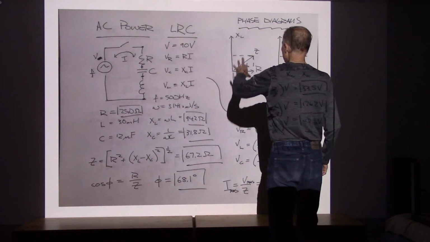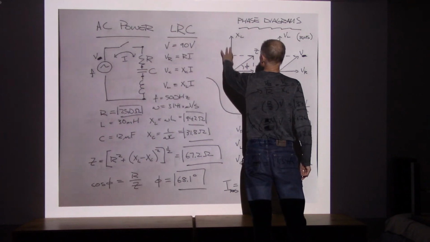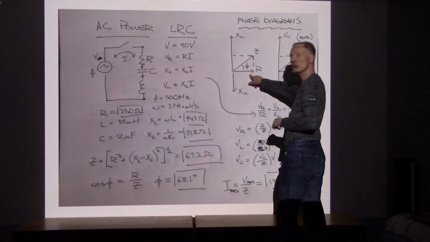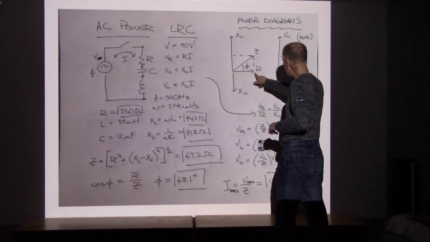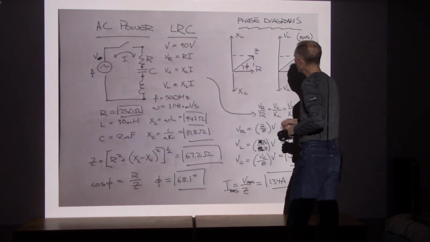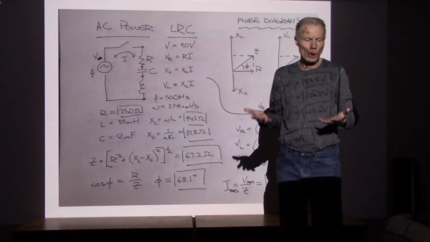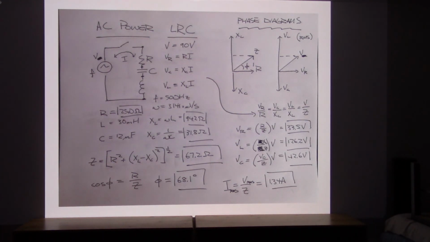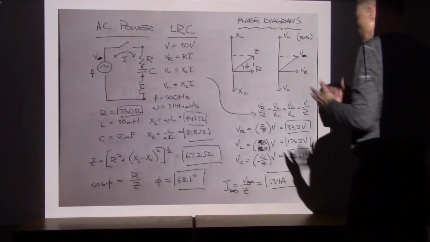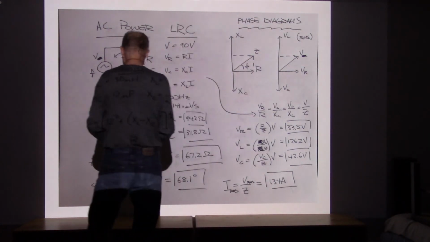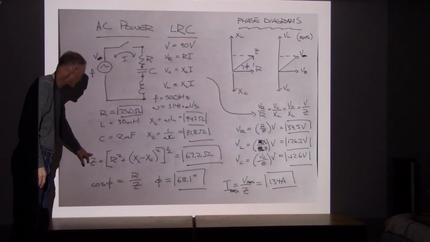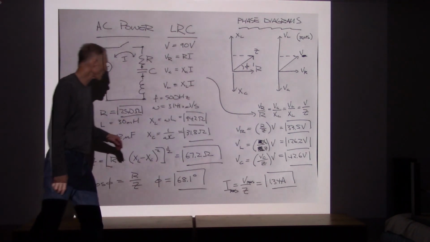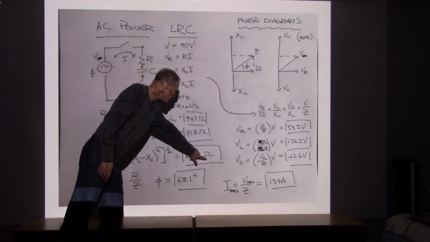So I'm going to take the net reactance, which is the difference between those two phasors, and combine that using Pythagorean's theorem with the resistance, and that's going to provide the overall impedance for the circuit. So it's looking pretty good. We can combine all those together according to our impedance formula for everything in series. And when I combine them all, I get 67.2 ohms.